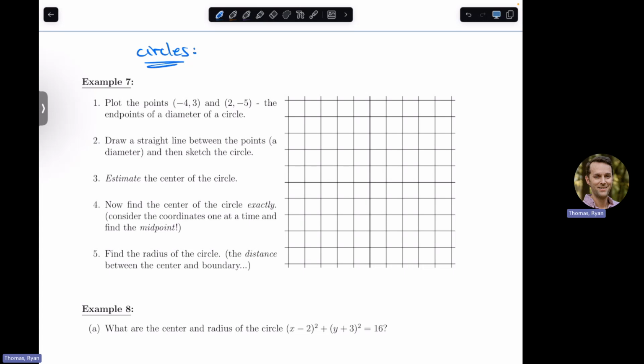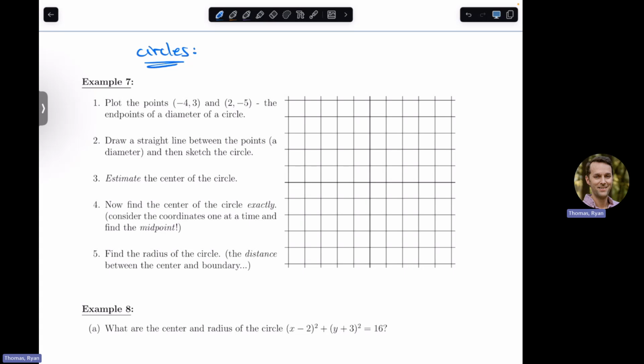Radius is the distance from the center to the outside. Diameter is the distance from the outside to the outside, but going through the middle, right? If it's not through the middle, just the side of the circle somewhere, that's called a chord. Diameter's got to go through the center all the way across.